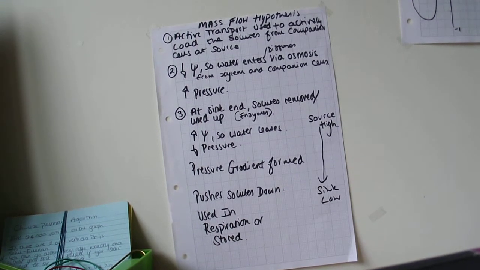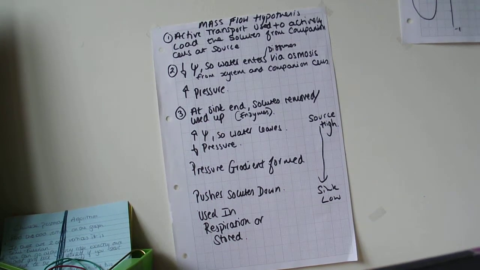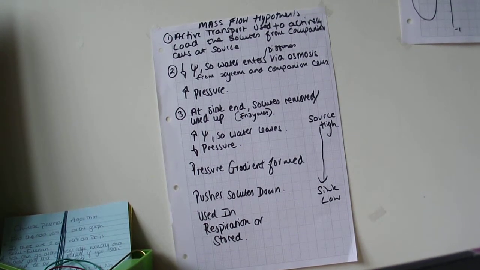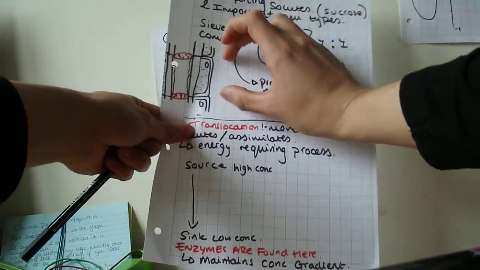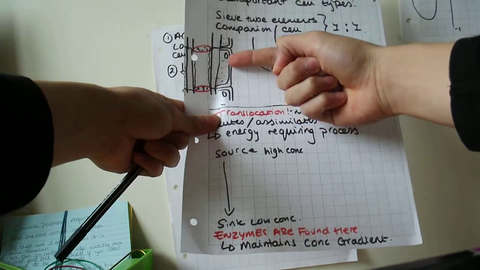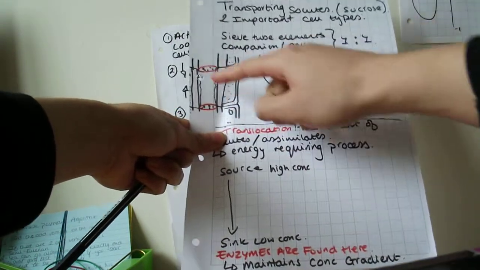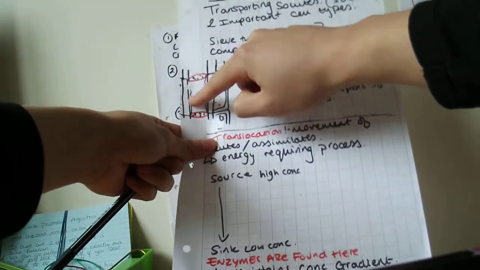Now, why they do this is because all of these solutes are being produced further down, which I will explain in another video, and they will come into the companion cell, come into here, so there'll be other cells joined up along here, moving this way. Now this will have a high concentration, but this will also have a high concentration already.